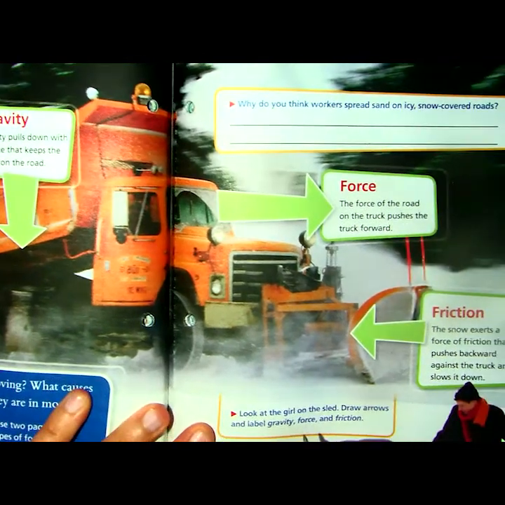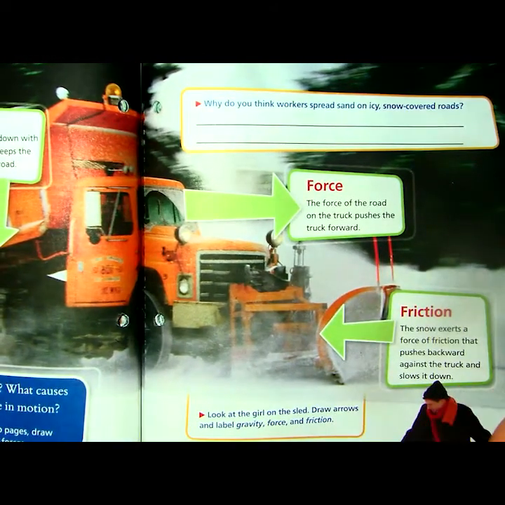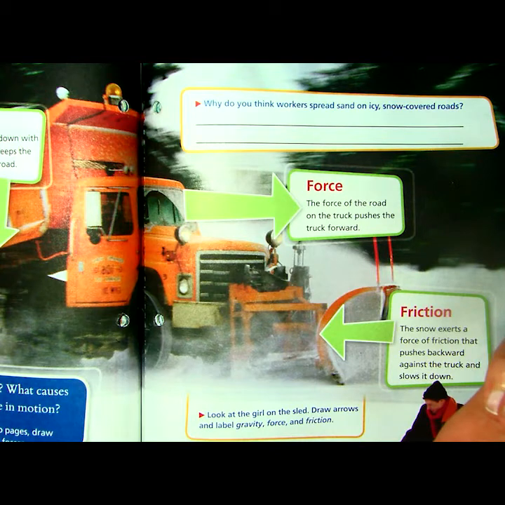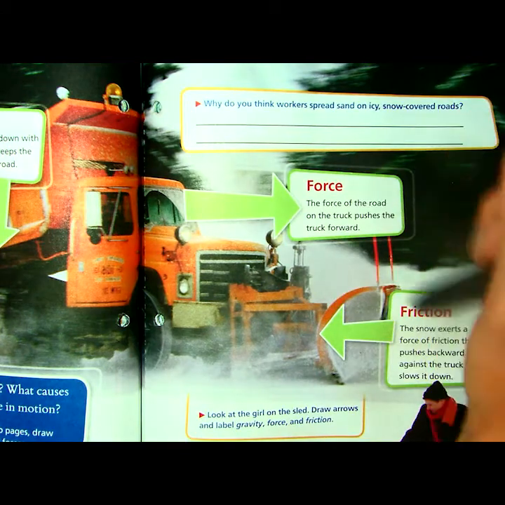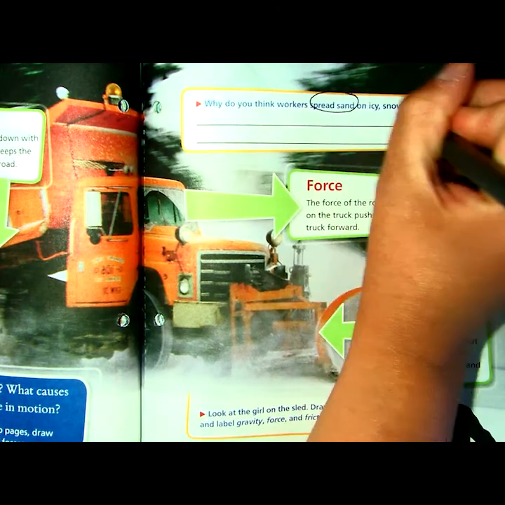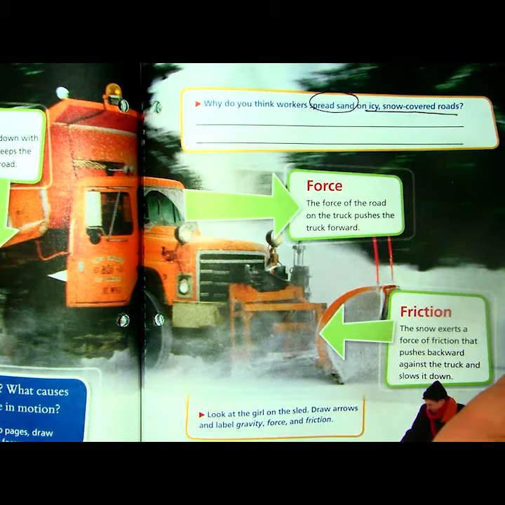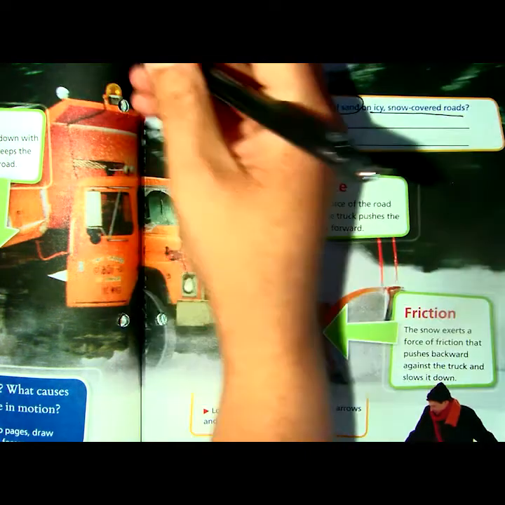So they have this question here that you had to answer. Why do you think that workers would spread sand on an icy, snow-covered road? Those of you who have driven in snow or even on ice before may have experienced this. But those of us here in Florida who have not traveled to an area where roads might be covered by snow or ice may be unfamiliar with this. So knowing about force and friction, why might they spread sand on an icy, snow-covered road? Well, it helps with safety.